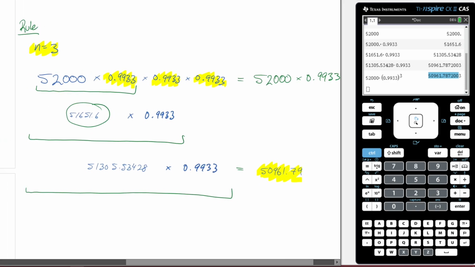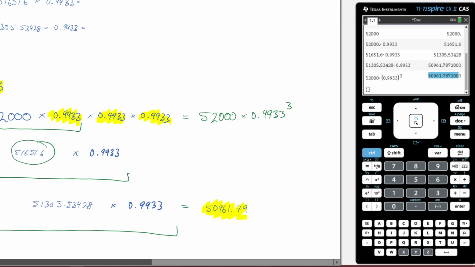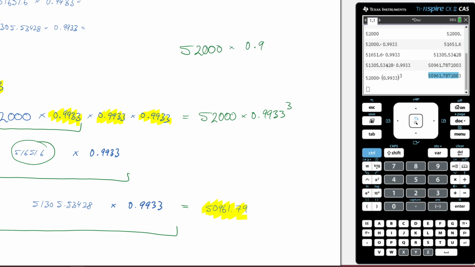That is the idea of a rule. So now I could just write a general rule where instead of raising it to specifically 3, I could just say 52,000 times 0.9933 raised to the power of n, where n represents any number of months.